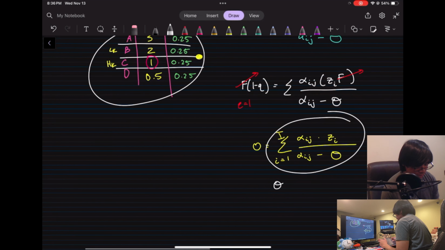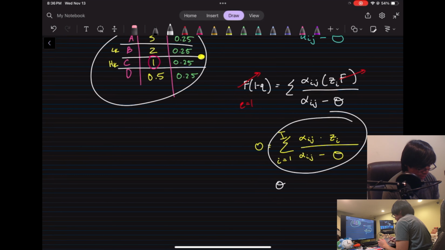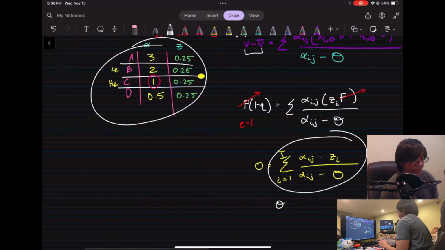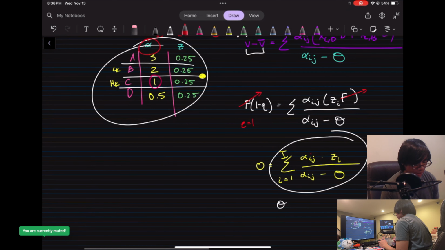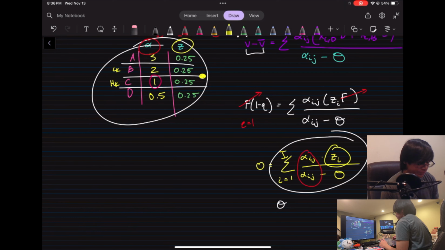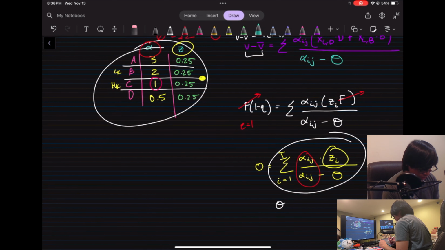So for a visual representation, sure, why not, I'll do it. So we have our alphas, and our z's go to our z's, just making sure you can see that. Okay. So zoomed out here, but let's start with component A. So 0 is equal to A, which is alpha 3, that's 0.25 over 3 minus theta, we don't know that.